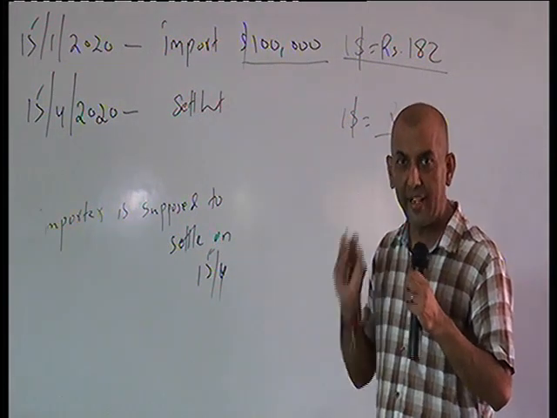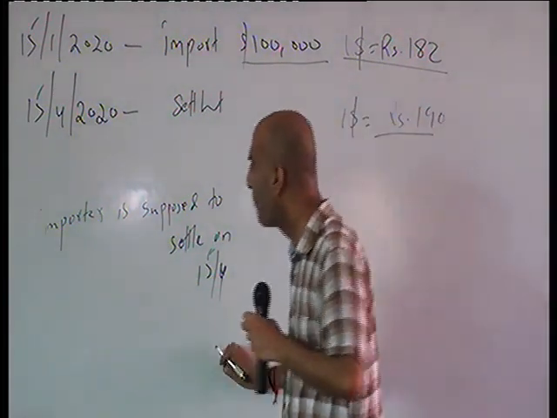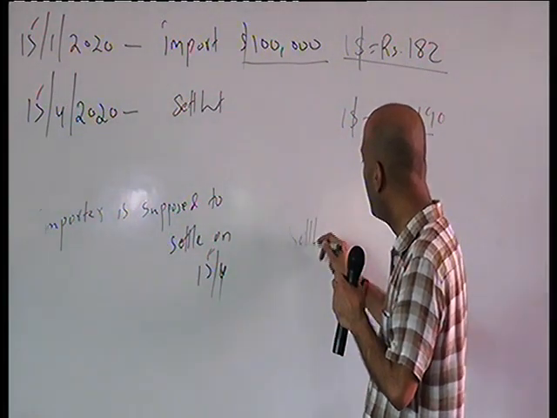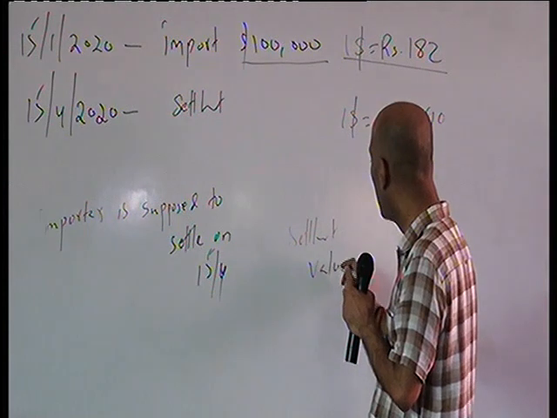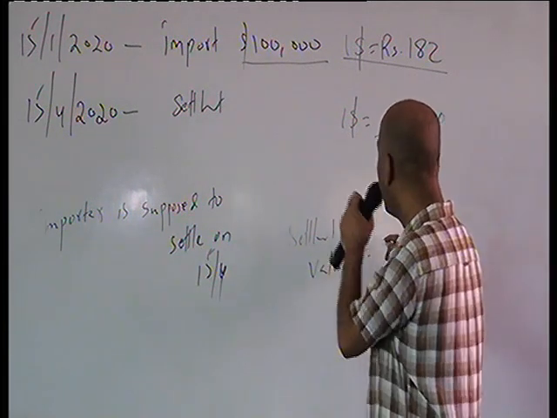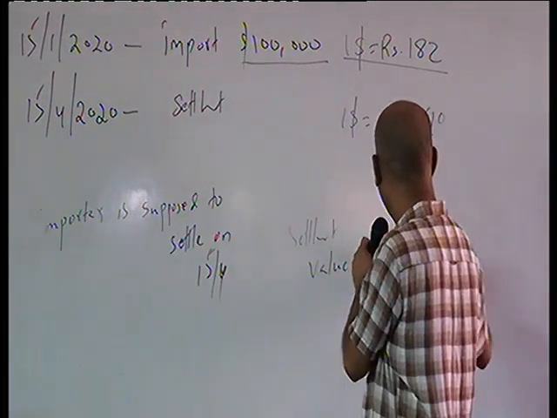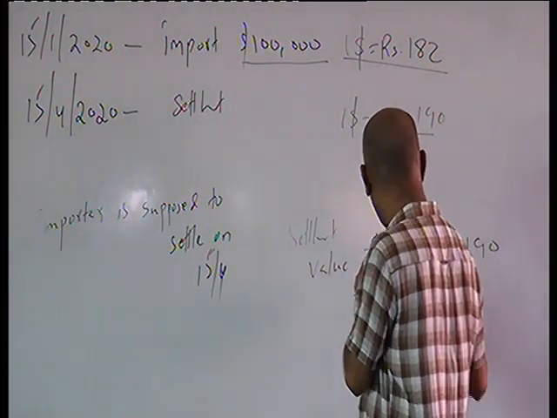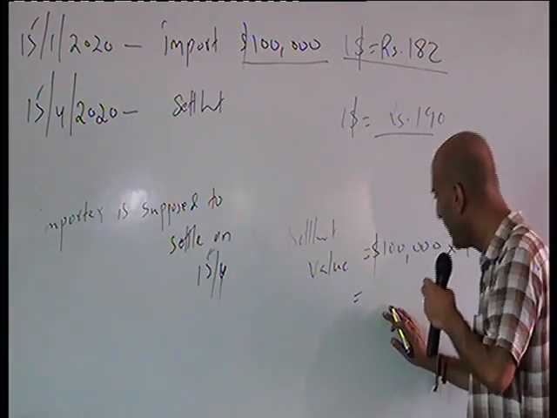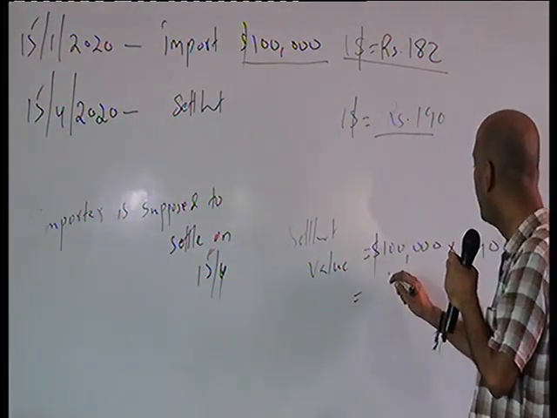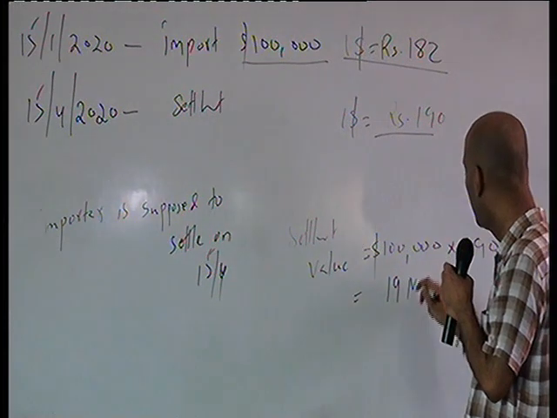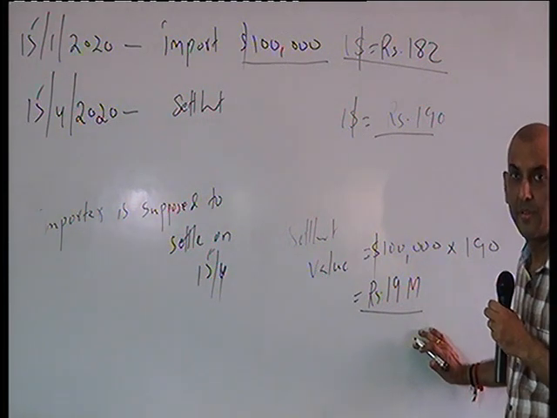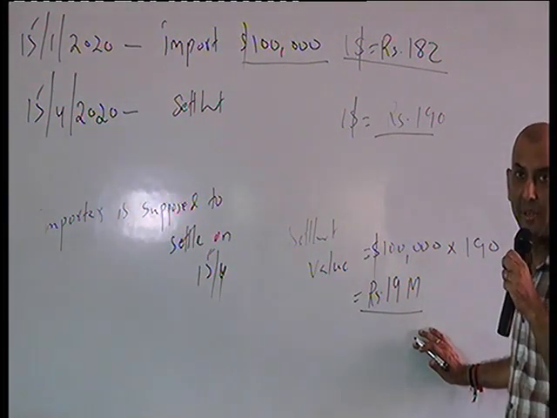Now, what is the settlement value? $100,000 into 190. The rate is 190. $100,000 is how much? 19 million rupees.